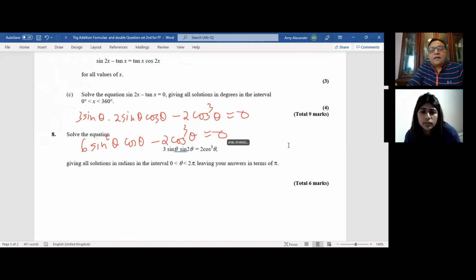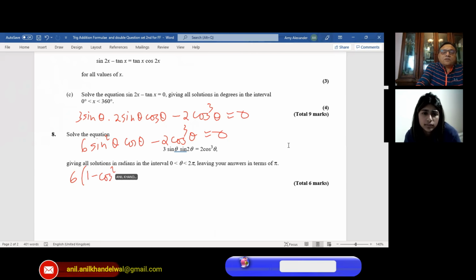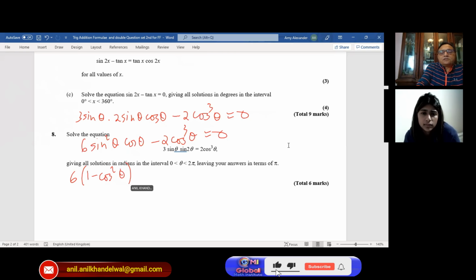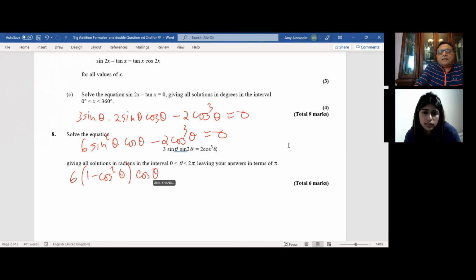So sine square theta can be written as 1 minus cos square theta, right? And then we have cos theta here. So actually, I can take cos theta common. Minus 2 cos cube theta equals to 0, correct? So I can take cos theta common.